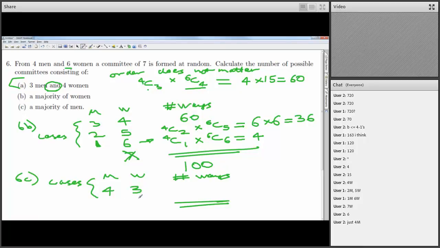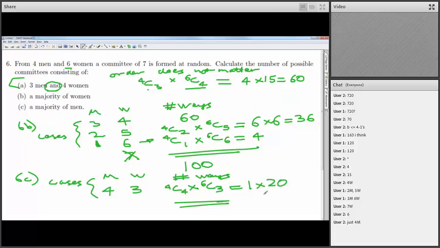The reason that works is because there's only 4 men to pick from. And so the number of ways of doing that is I've got to choose all 4 men, so there's only one way of doing that. And then, "and" means multiplication, I want to pick 3 of my 6 women, and there's 20 ways of doing that.